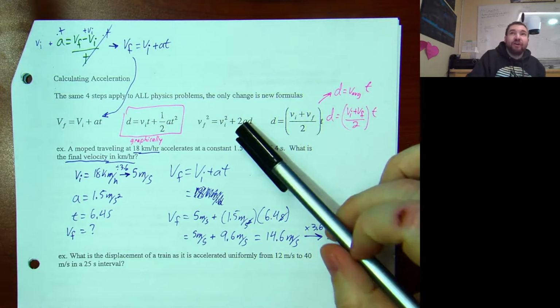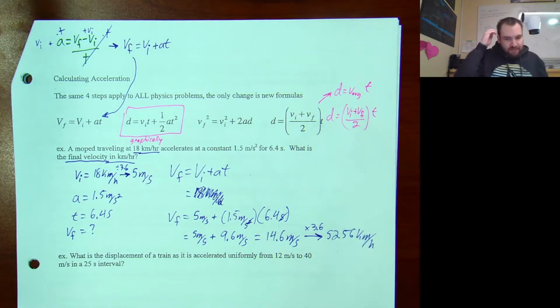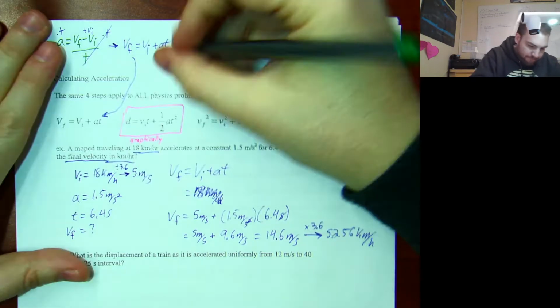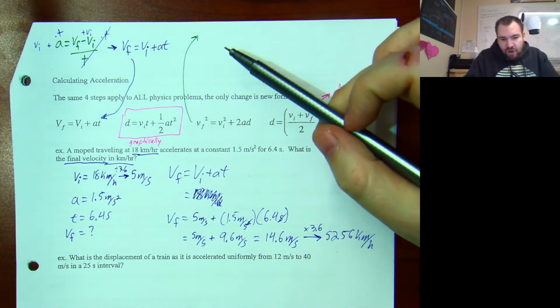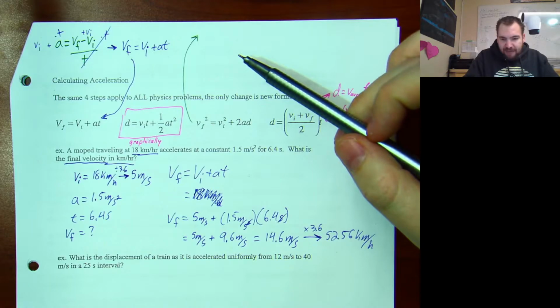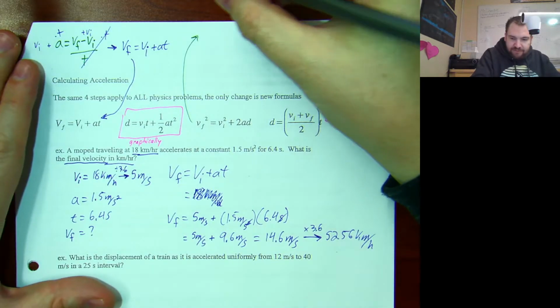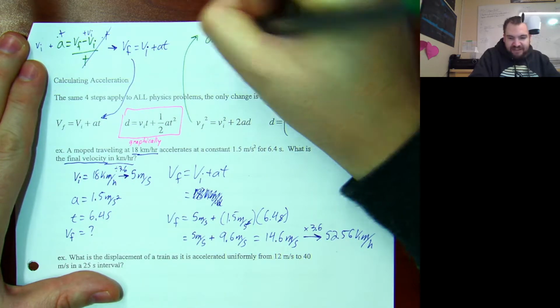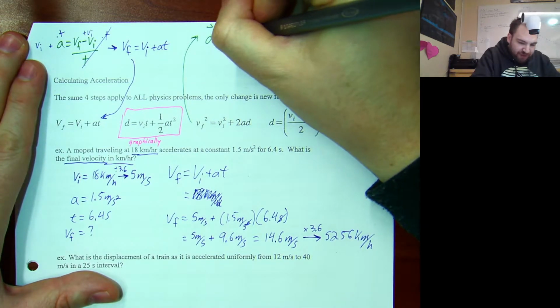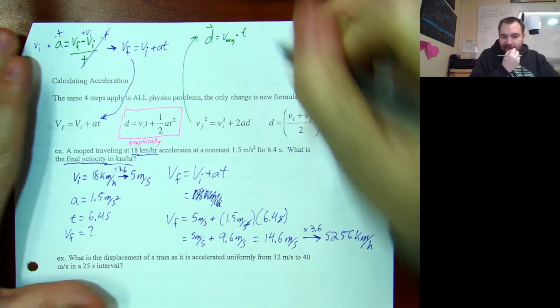It's this monster here, and the derivation for this one is a little bit more involved, so let's do it. I'm going to go up above it here. I'm going to start here. So this one also starts with the idea that d, your displacement, is equal to your average velocity times your time.